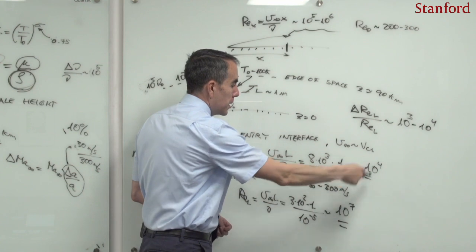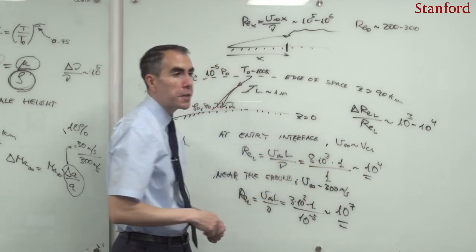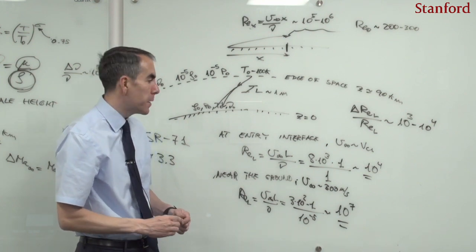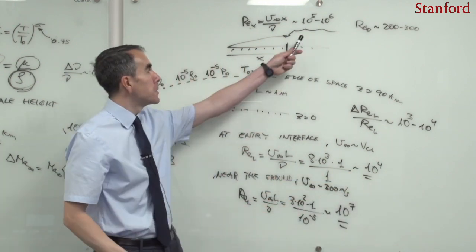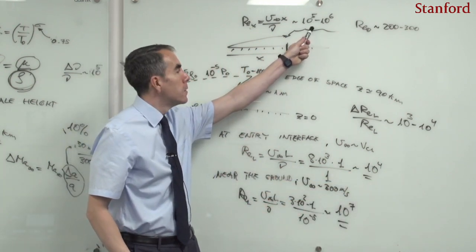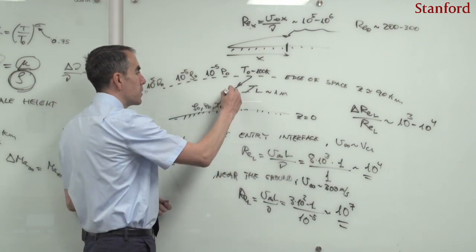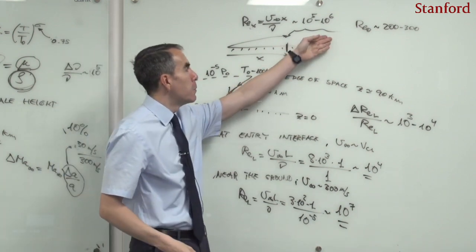So here you can see that these numbers, 10 to the 4 and 10 to the 7, unfortunately in this planet, in the terrestrial atmosphere, are located on each side of this limit. So that is to say that somewhere along the reentry trajectory, I'm going to encounter a Reynolds number in the ballpark of transition.